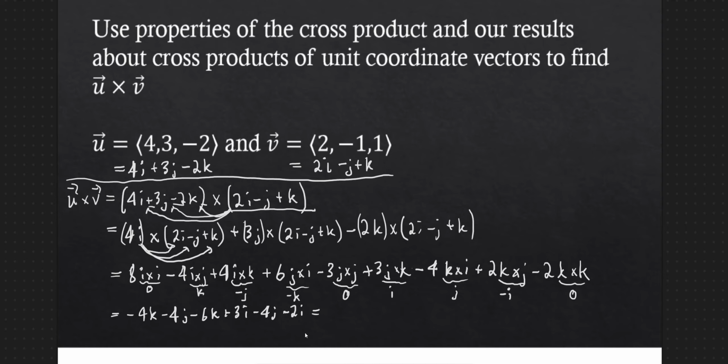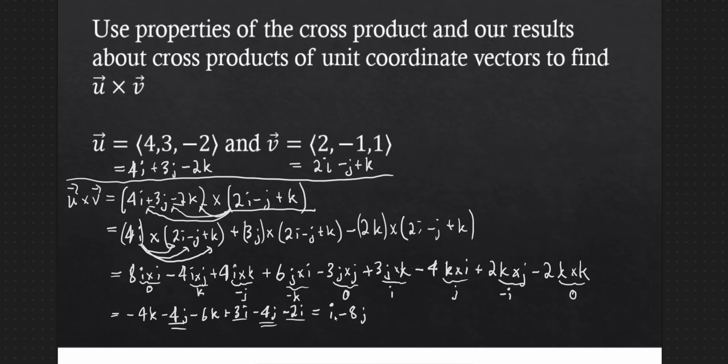So collect all these. How many i's do we have? How many j's? How many k's? Let's look at our i's. 3i minus 2i, so that's just i. How many j's do we have? I have minus 4j and another minus 4j. So that's minus 8j.